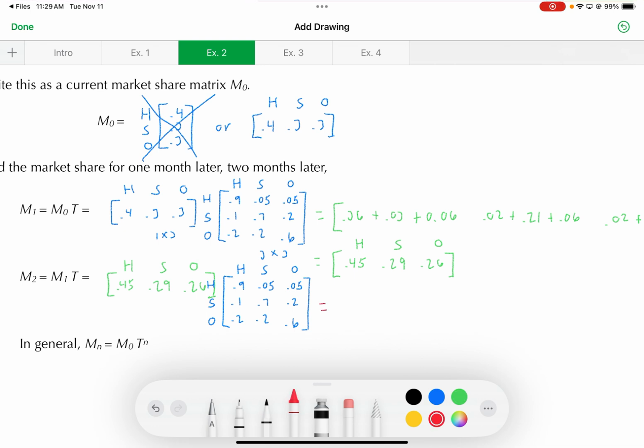Now the calculations are a little more difficult on that one. I did them ahead of time using my calculator.